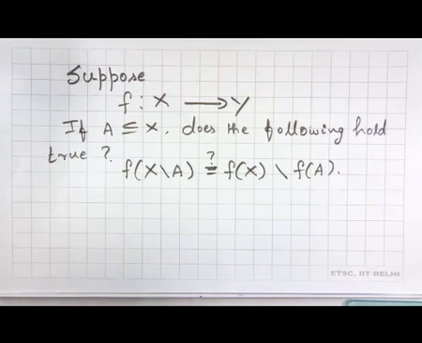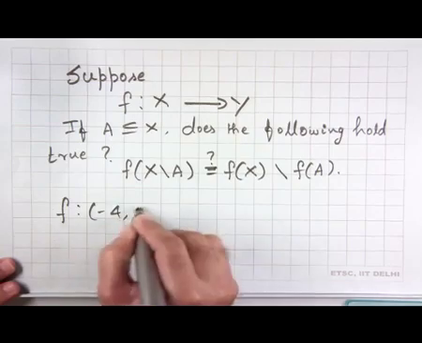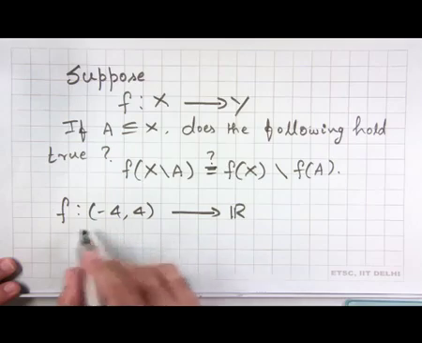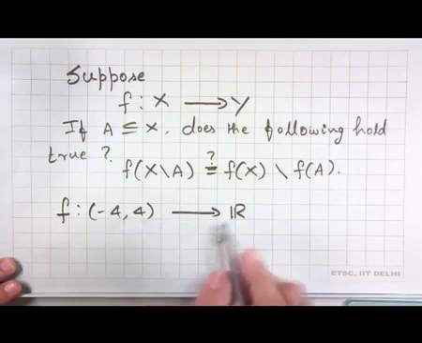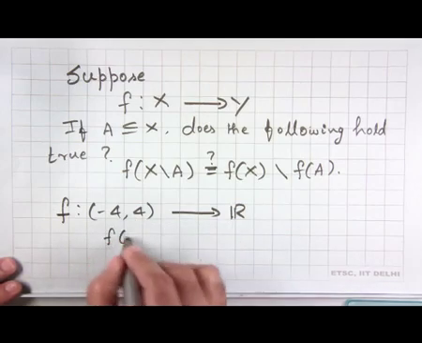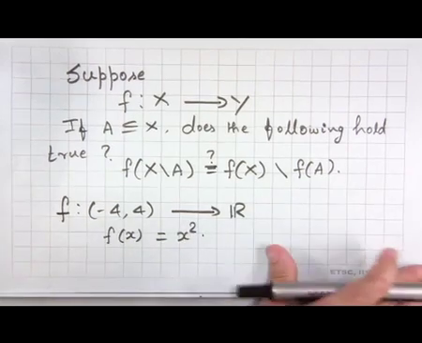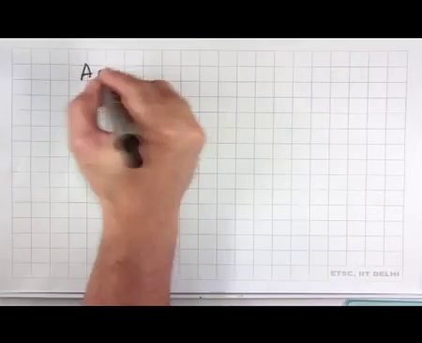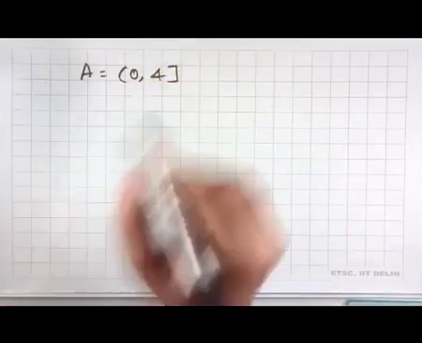Now, before we try to understand this, let us look at an example. Consider a function f from the interval [-4, 4] to R, given by f x equal to x square. Now, choose A as (0, 4].